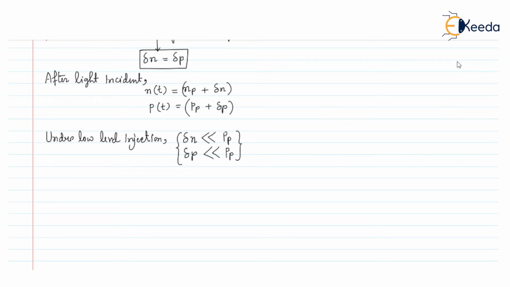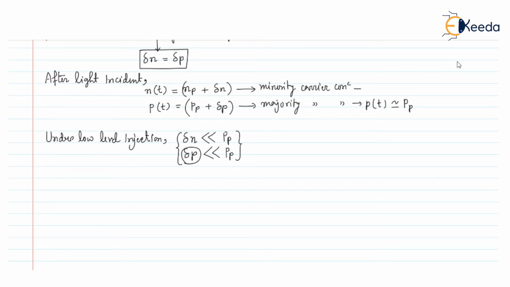Now, from this equation, we can see that this is the minority carrier concentration and this is the majority carrier concentration. So we can write that P_t, the majority carrier concentration, will be equal to P_p, because del P is very much less than P_p, so we can neglect the del P part.